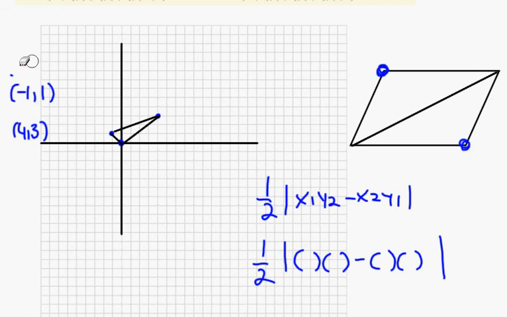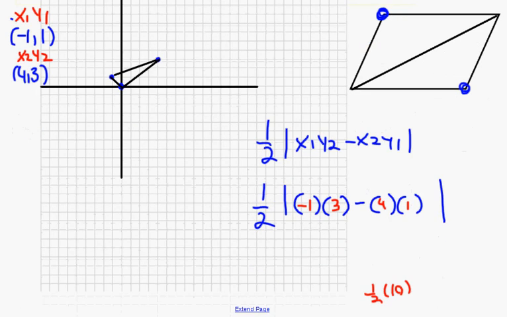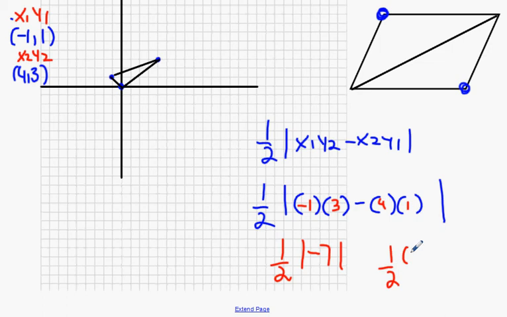It's never 0, 0, so it's x1 y1, x2 y2. Now what happens next? Minus 1 and 3, 4 and 1. Then what happens then? Minus 3 minus 4, which is a half of the modulus of minus 7, which is a half of 7, which is 7 over 2, or 3.5.